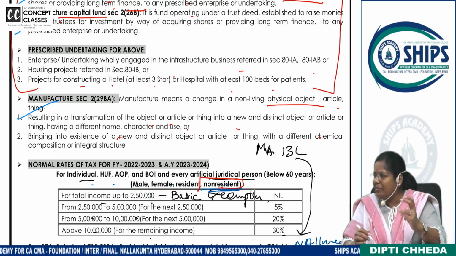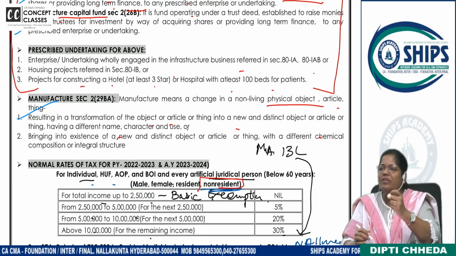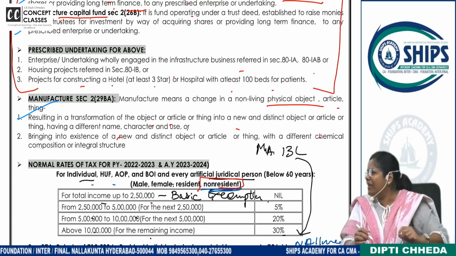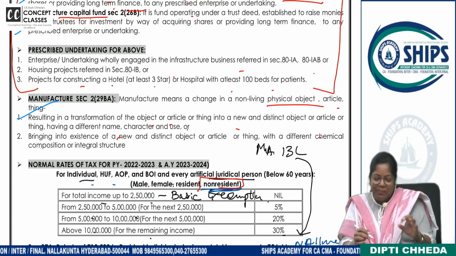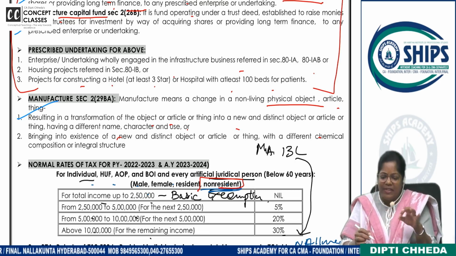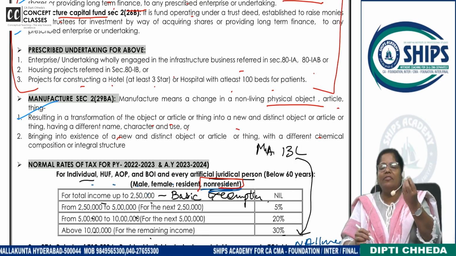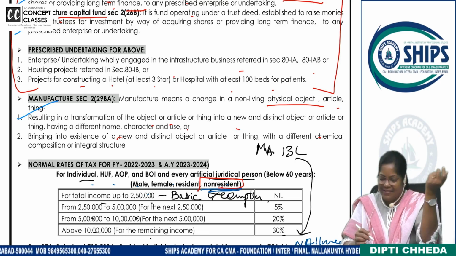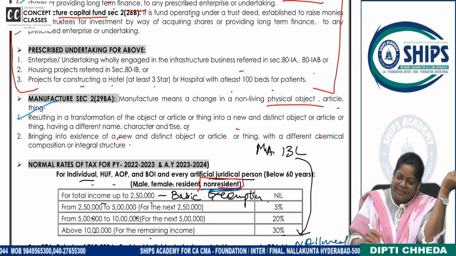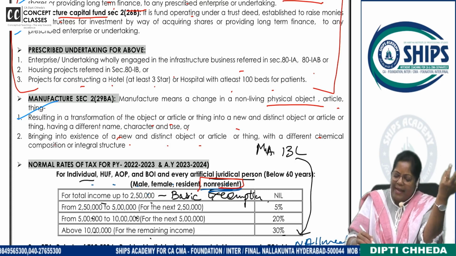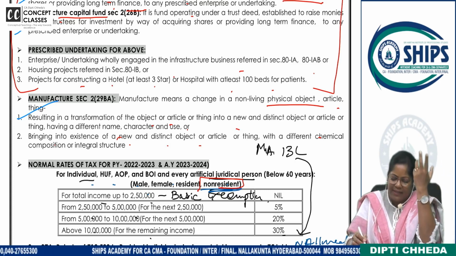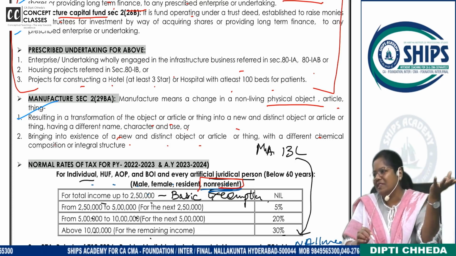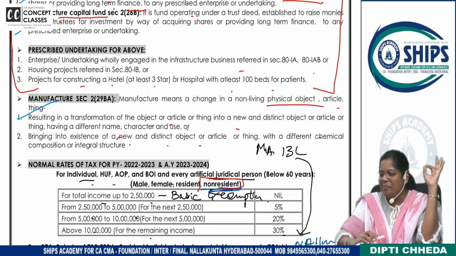You are cutting the diamond, polishing it, attaching a gold chain, putting a hook, and you are making a necklace. So by this definition, don't dive deep and learn. Understand manufacturing means when the form changes, right? Bring into existence a new distinct object, article, product, thing with different composition. That amounts to what? Manufacturing.